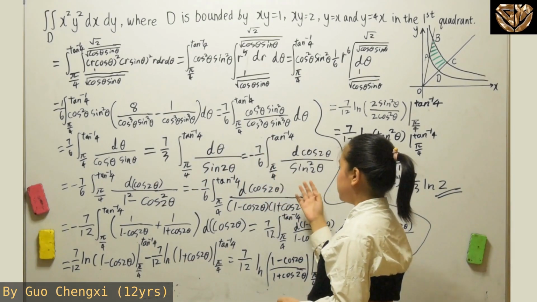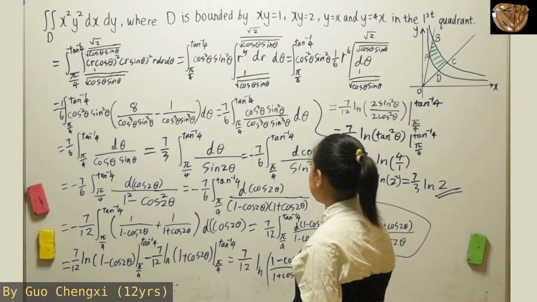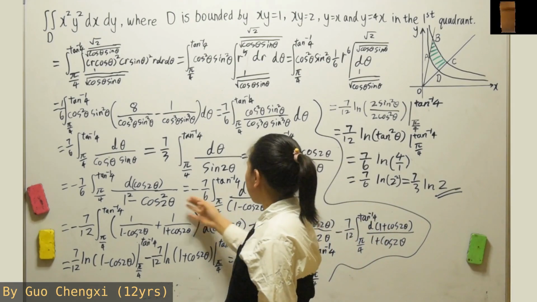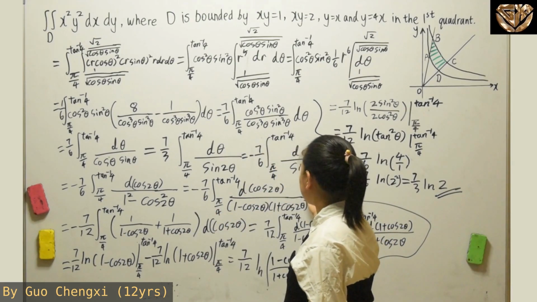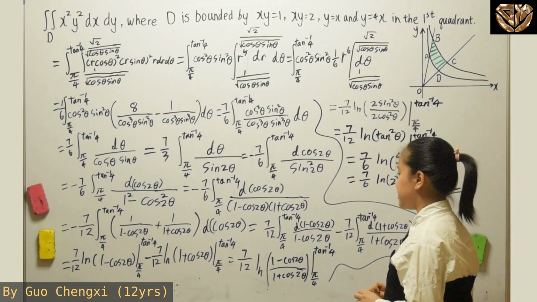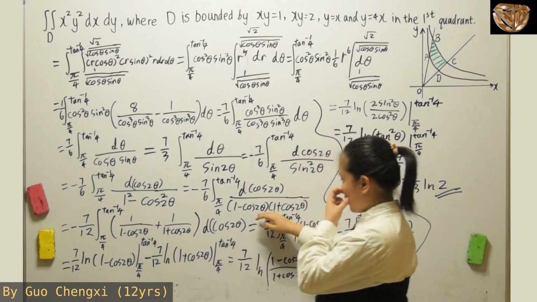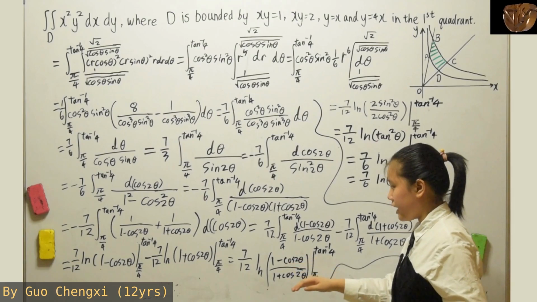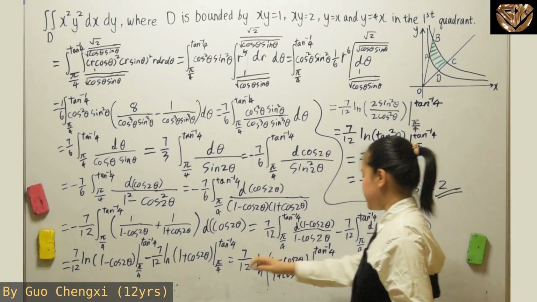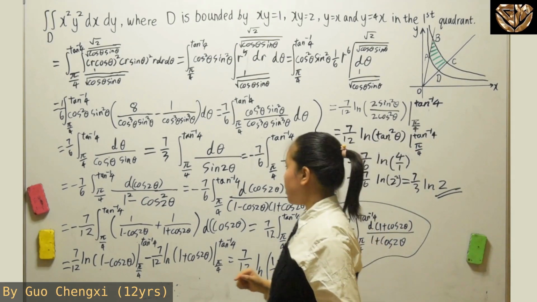Then we multiplied by sine square 2 theta for both numerator and denominator, and used the double angle formula again, whereby sine square theta plus cosine square theta is equal to 1. We used a square minus b square, and then we integrated, got the ln, and once again used the double angle formula.